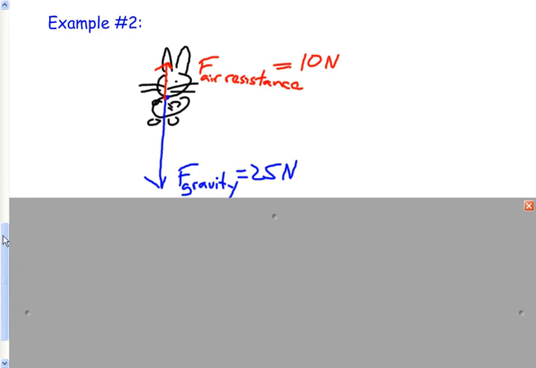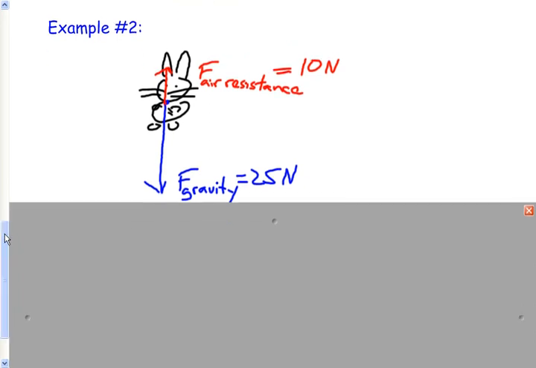In this case, what's the total force acting on it? Not 35. It's tempting to add the 25 and the 10, but we do realize they're in opposite directions. If you were pulling on something in one direction and you had a friend pulling in the opposite direction, you wouldn't really expect those forces to add up like that. Since they're completely opposite each other, we can subtract the little one from the big one, and the total force is going to be in the direction of the bigger one.